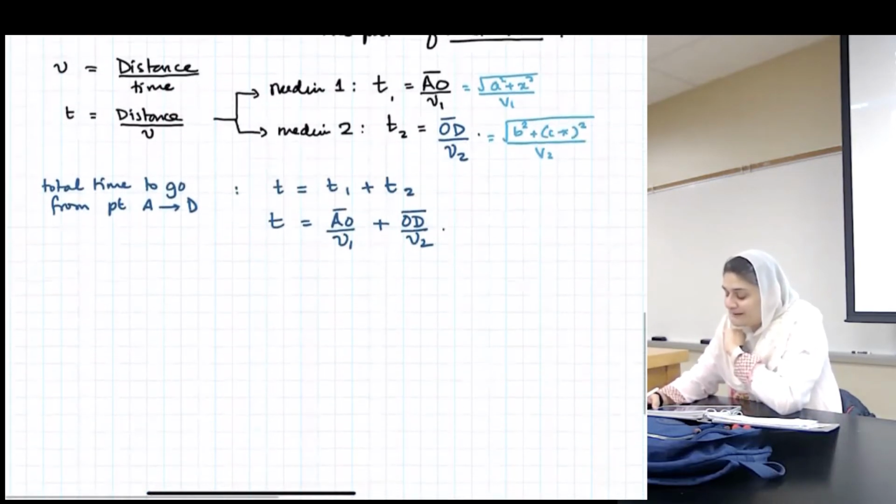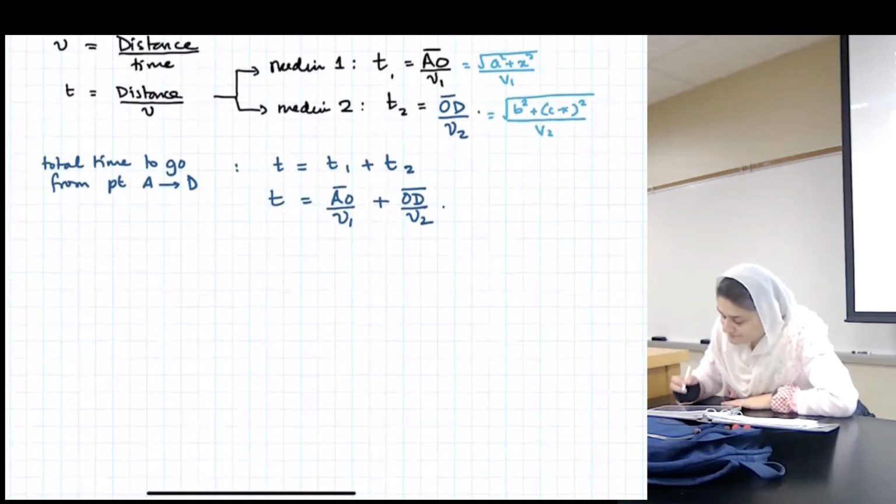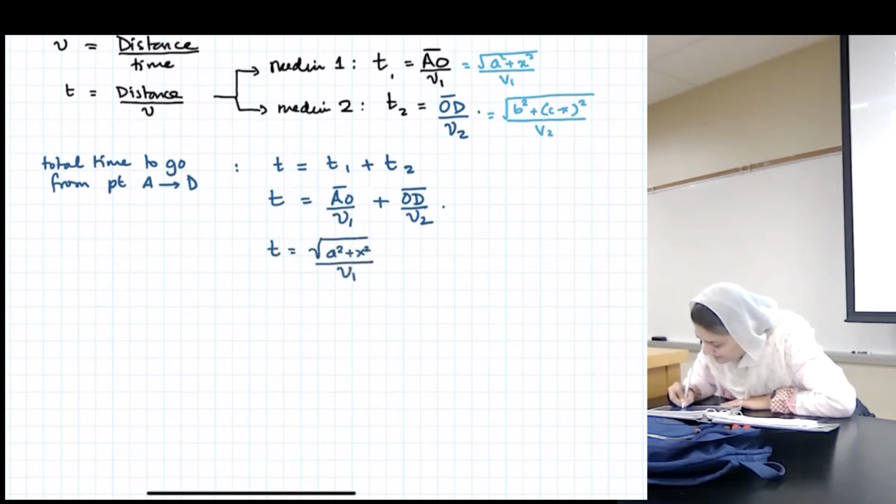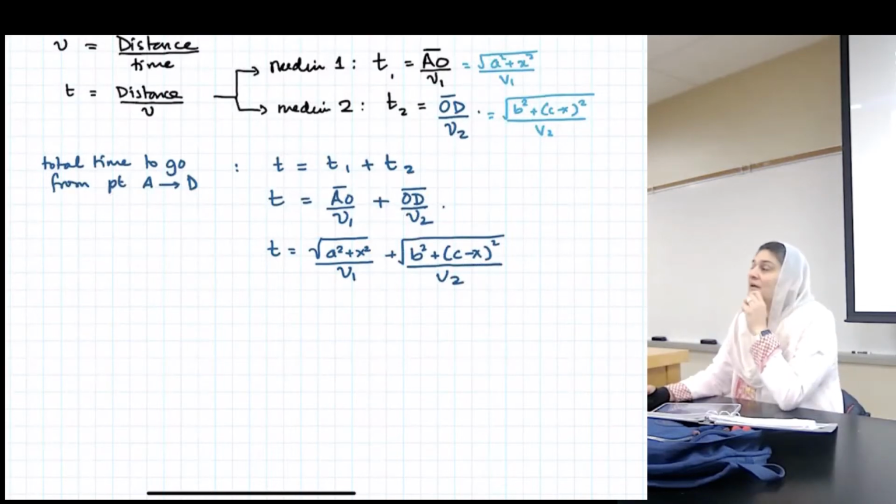So I'm going to plug these in here. I'm going to write T equals square root of a squared plus x squared divided by V1 plus square root of b squared plus c minus x squared over V2. And what did he say? We have to minimize time. So how do we minimize this time?